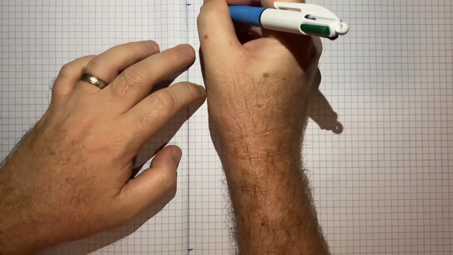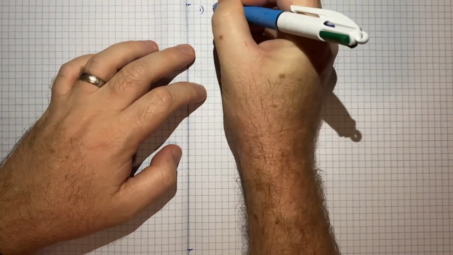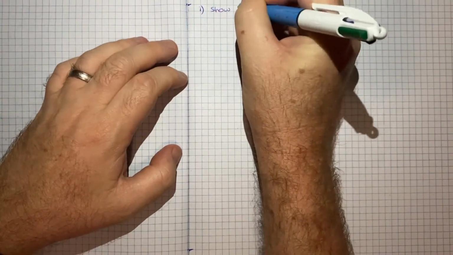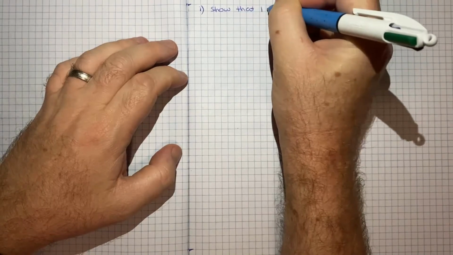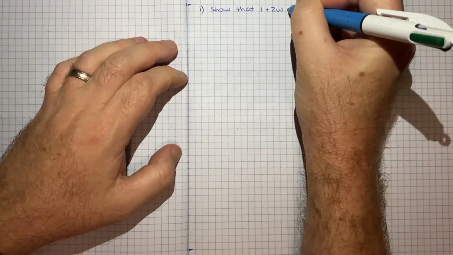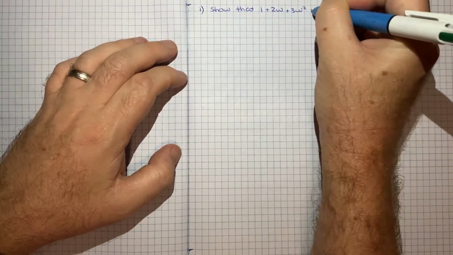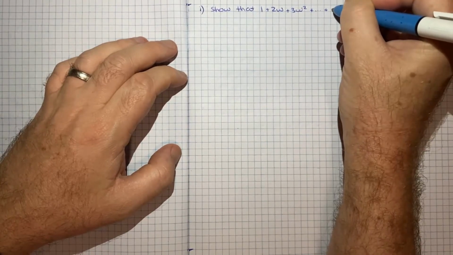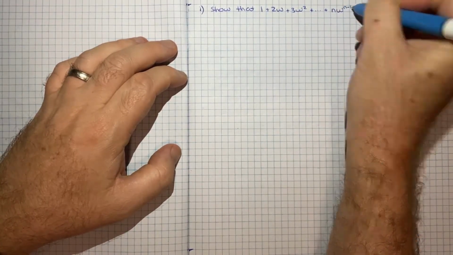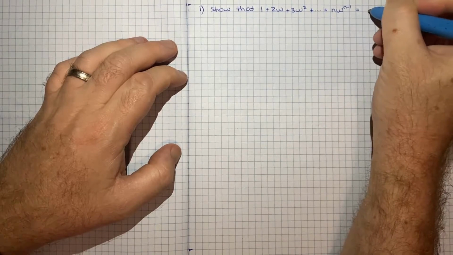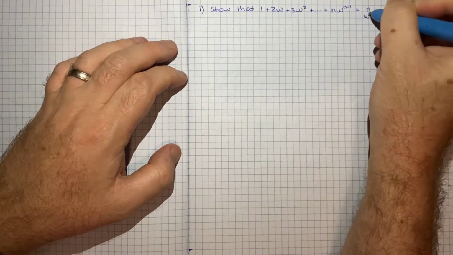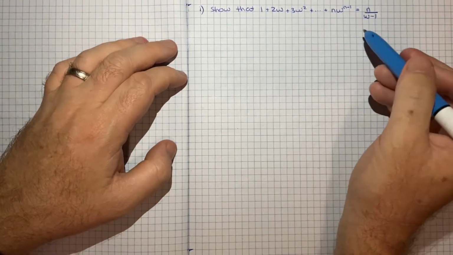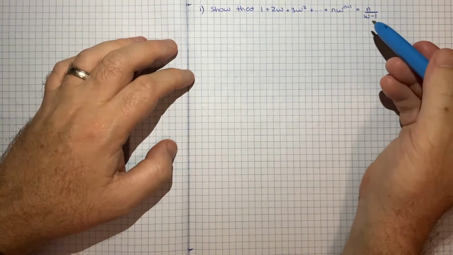So starting off with part 1, we're being asked to show that 1 plus 2 omega plus 3 omega squared and so on, up to n omega to the n minus 1, that's all equal to n on omega minus 1. And we're told that omega is a root of unity.